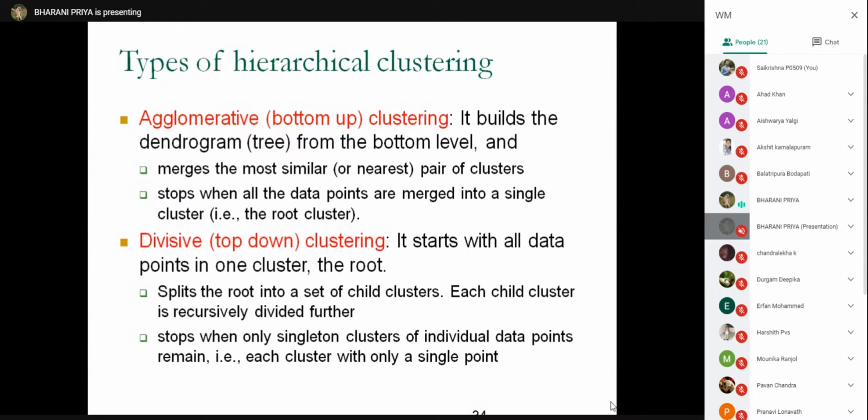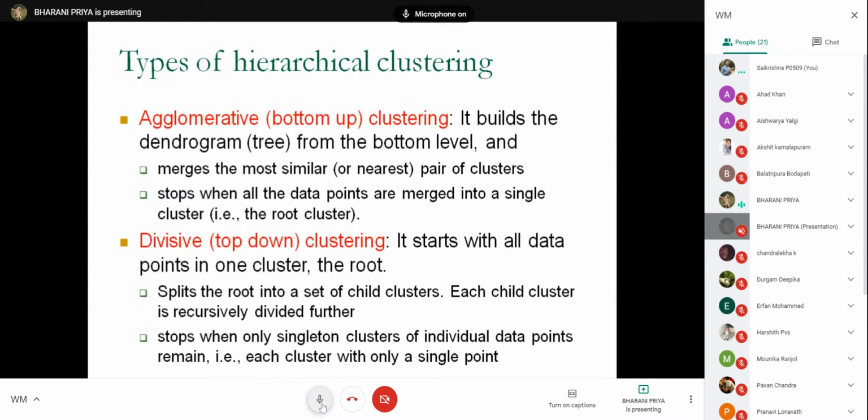You are so on grouping the clusters until you get a single cluster. That means you are getting the original data. Then what is the point of going for bottom-up clustering? Have you understood the question?